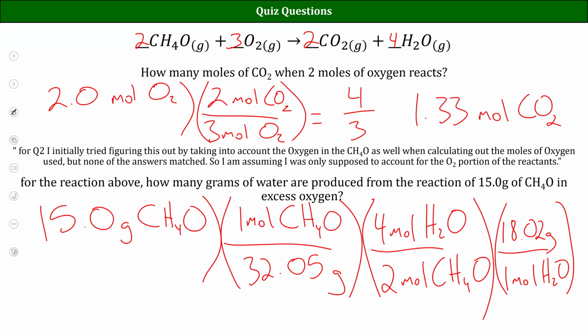But your overall goal doesn't change whether you're doing it in one step or three steps. Get your grams of reactant into moles of reactant to moles of product to grams of product. All right, questions here?